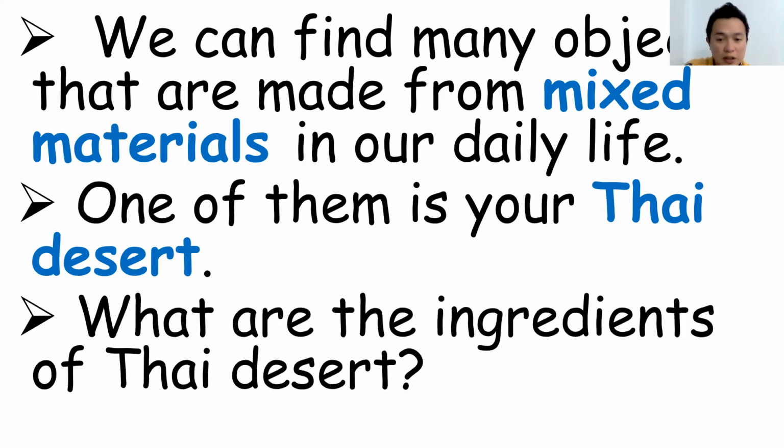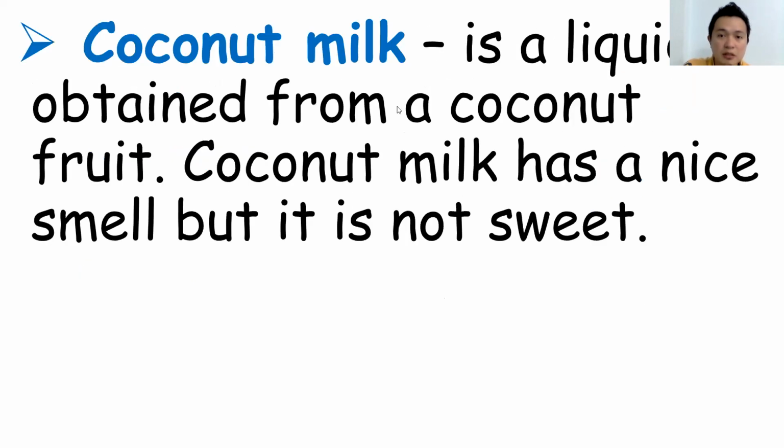Kanom. What are the ingredients of Thai desserts? Let's look at it. What are the ingredients of this thing? Coconut milk is a liquid obtained from a coconut fruit. Coconut milk has a nice smell, but it is not sweet. Remember, coconut has a sweet smell, but it is not sweet.